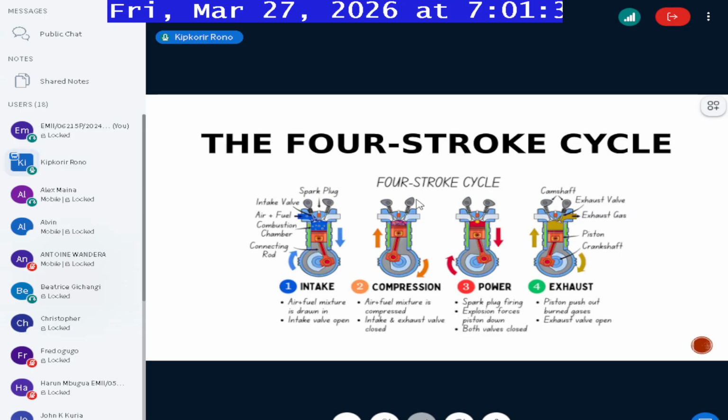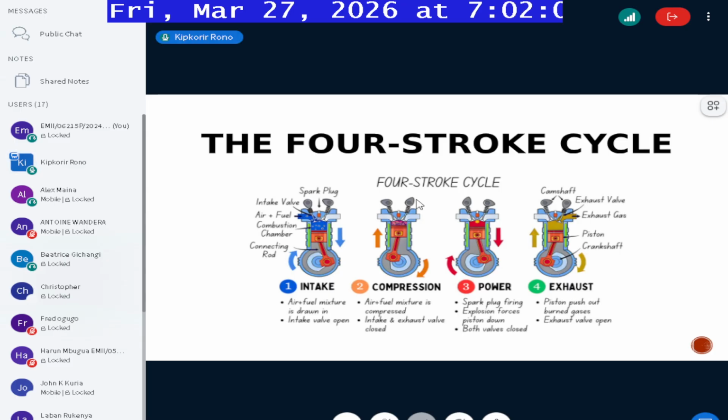The topmost position to which the piston can go is normally known as the top dead center, TDC. The lowest point of travel is known as the BDC, bottom dead center. The difference between the bottom dead center and the top dead center is known as the stroke.